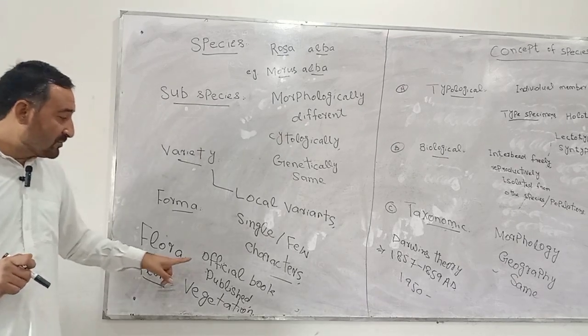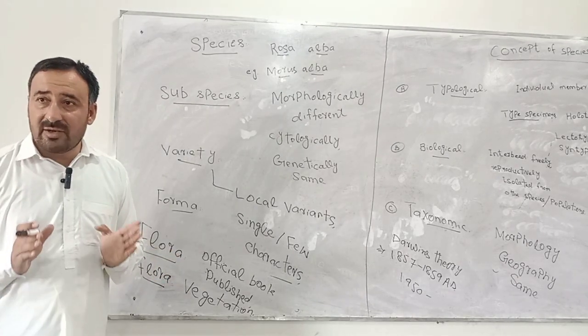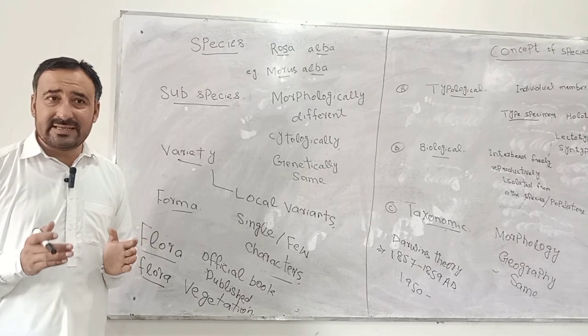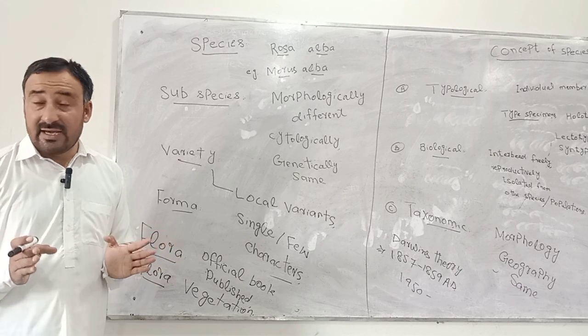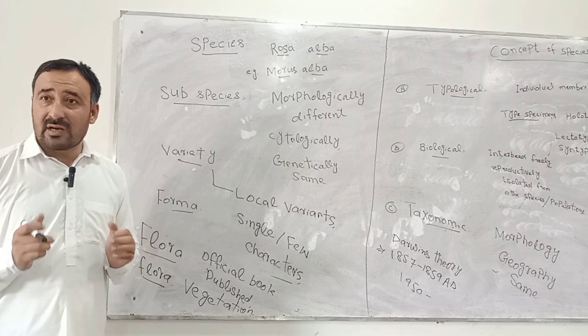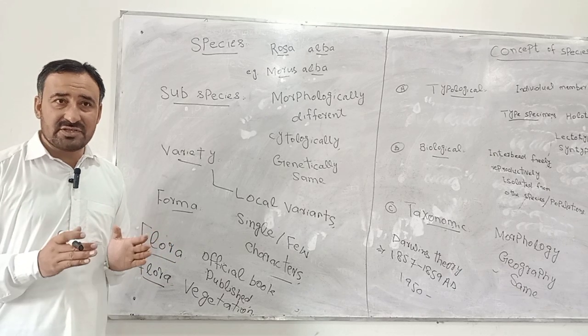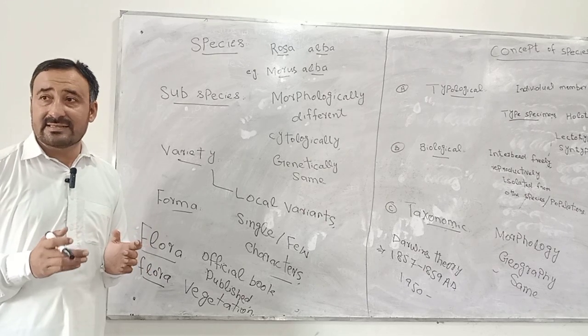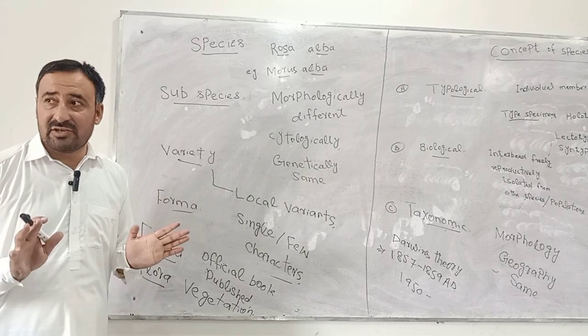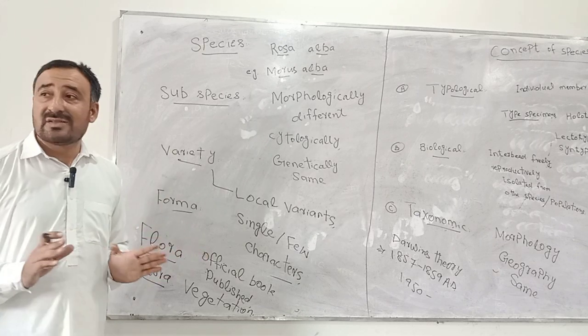So Flora is the official book which is published by the government of a country, and it represents the overall names of the species, their characters, their genus names, their family names, their classes, each and everything is mentioned. So that is known as Flora.